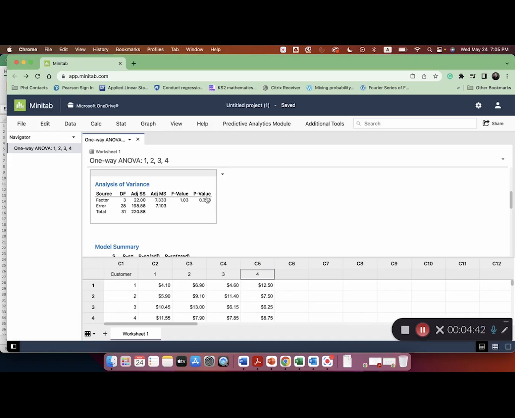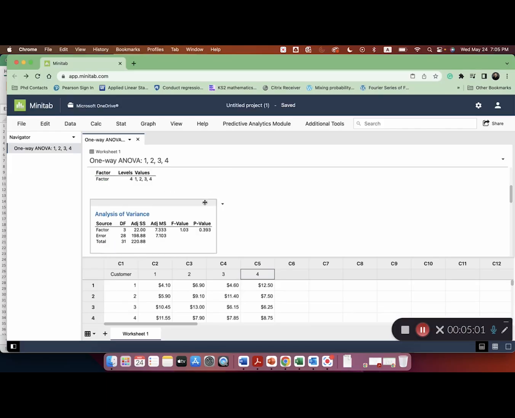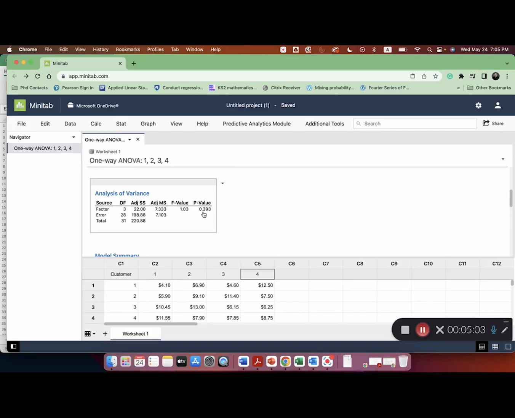So the p-value is bigger than the alpha, so we fail to reject the null hypothesis because the p-value is way greater than the alpha value. And as we said, there is no sufficient evidence to conclude that any of the 4 locations will generate higher average dollar lunch orders than any of the other locations.